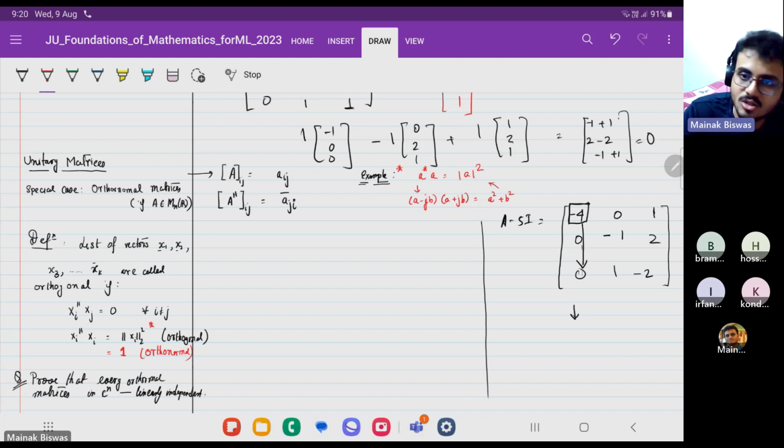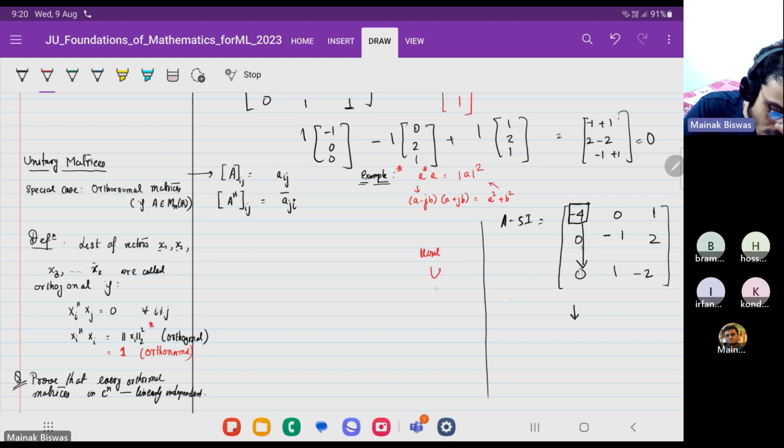So what will I do to the first row? We'll leave it as it is. No, we'll take minus 1 out. So minus 1/4 I will multiply to the first row, right? I want always ones at the pivots, and I want only zeros below. I want something like U and 0, row reduced echelon form, right? And I want ones at the diagonals.